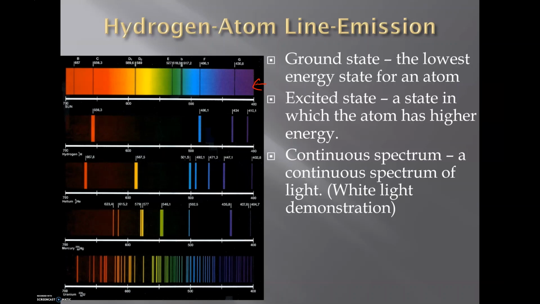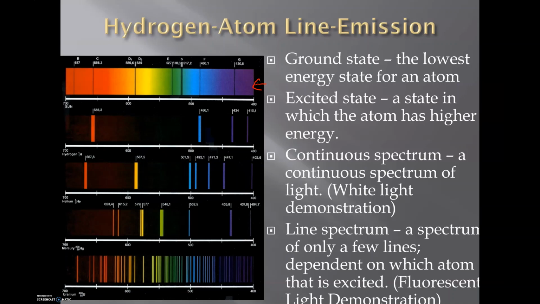Now, hydrogen gas is different because it only gives you specific lines, and so we call that a line spectrum. Here in the second one, we see the hydrogen gas spectrum. Below, we see helium. Helium is not something we come across often, but the fourth one is mercury.